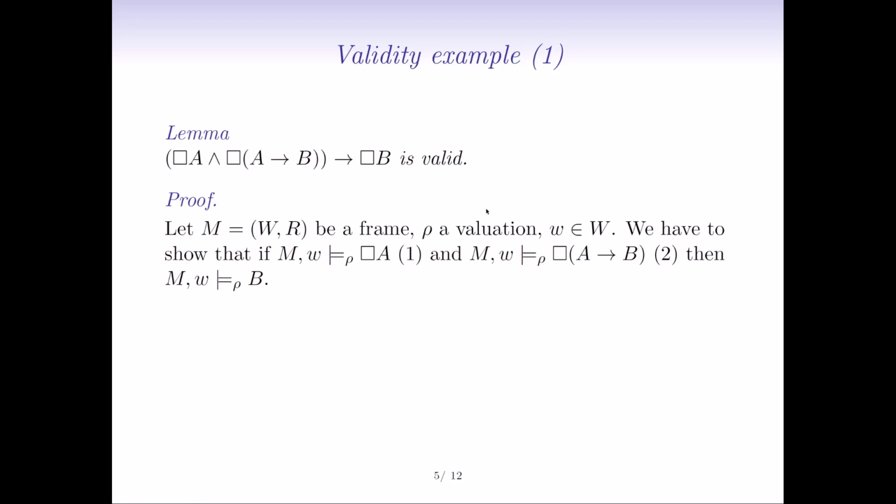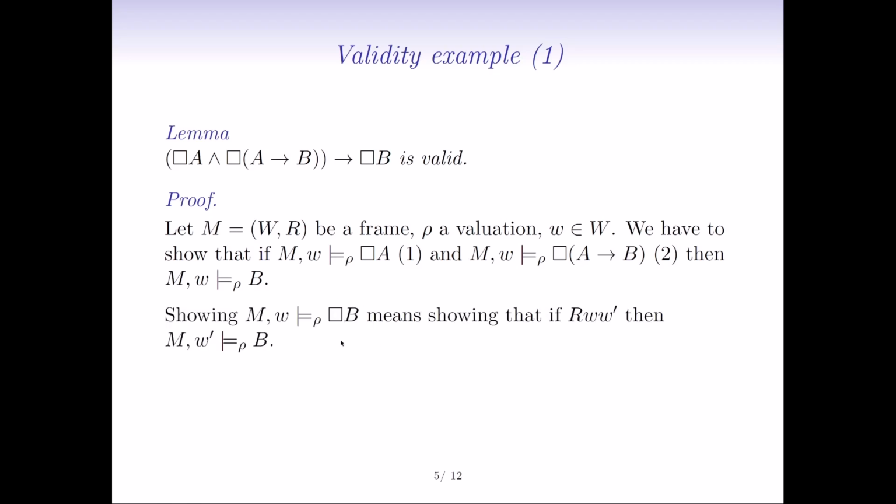So if M, W and rho make the first conjunct box A true, and they make the second conjunct box A implies B true, which I've labeled as facts 1 and 2, then M and W satisfy box B. Sorry, here I've written B, I actually meant box B. So we are showing that box B is true at world W.